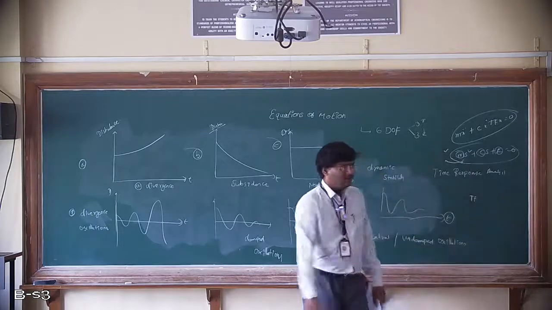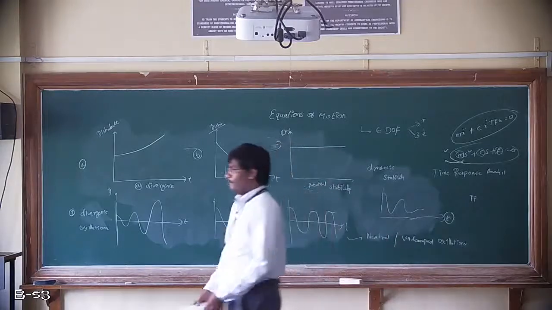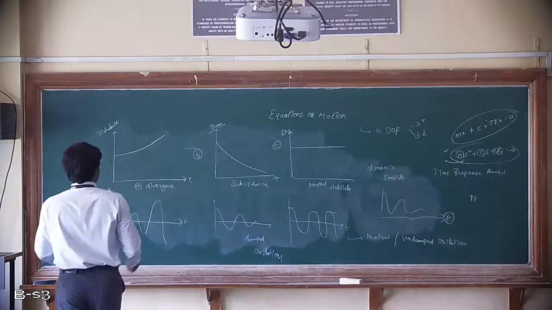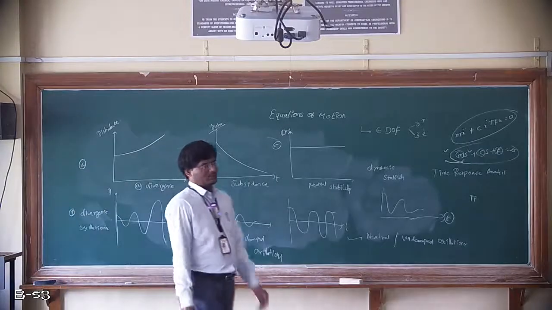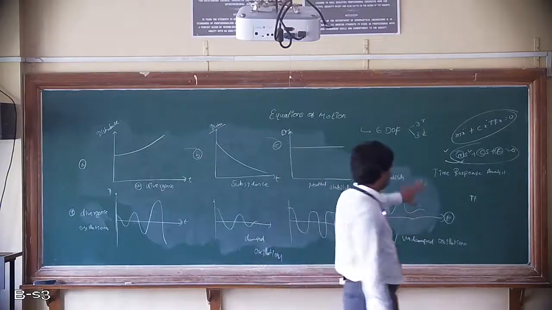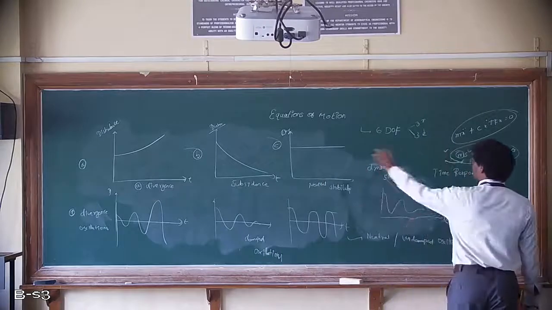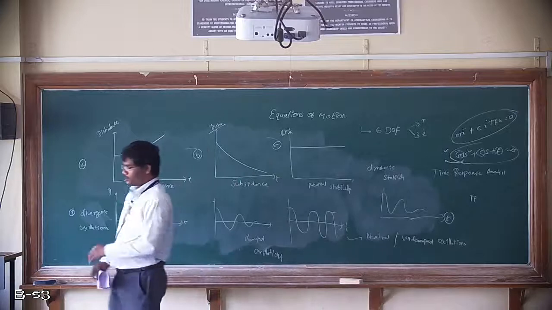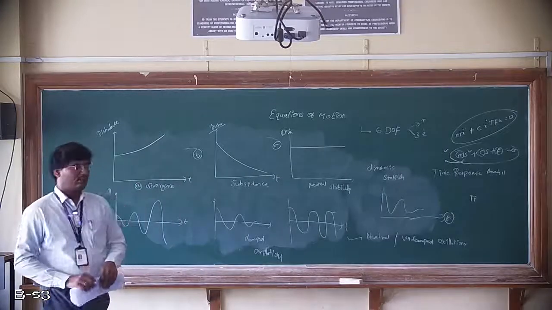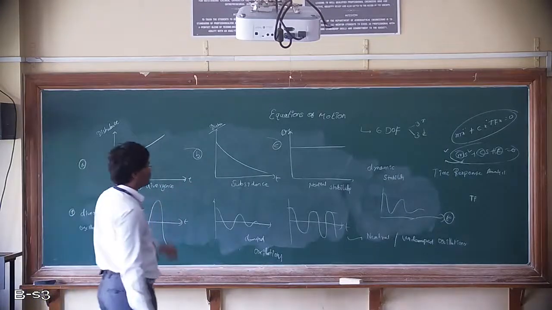Yes, right? So if you take any system, whether it is an aircraft, a spring mass damper, or any electrical system, there are 6 possible ways of response if you disturb that system.